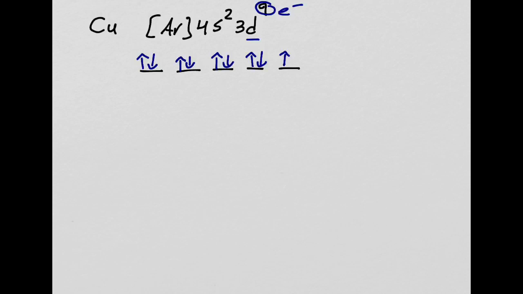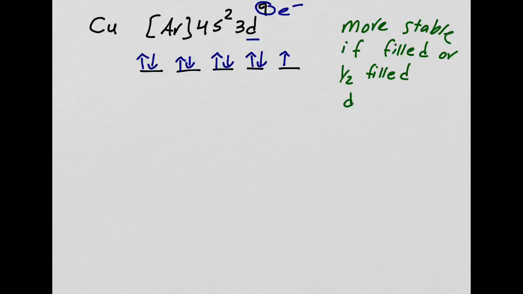Now, here's the thing in chemistry: elements are more stable if they have filled or half-filled d subshells. If the d subshell is completely full or half-filled, it is more stable because it looks more attractive. We talked about this. Nature wants to look attractive. Now, what does that mean here?